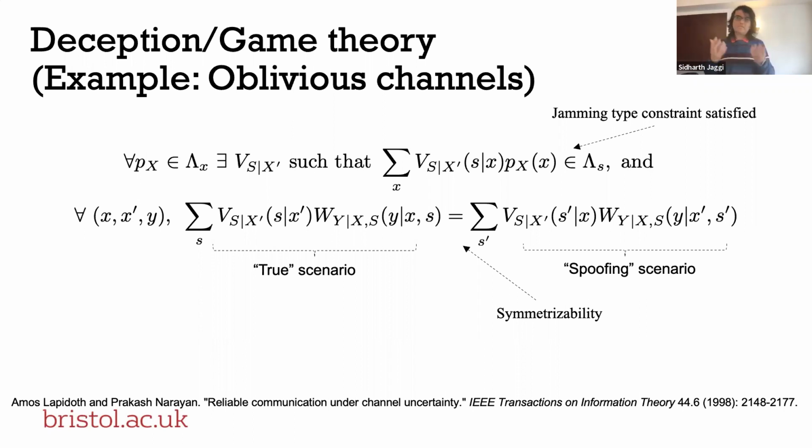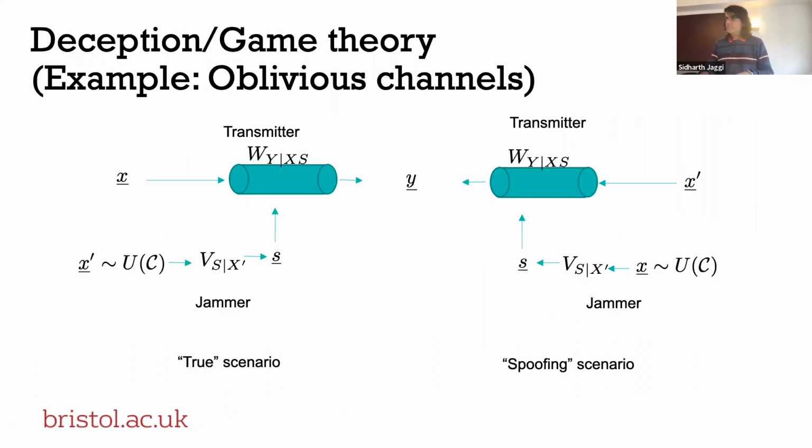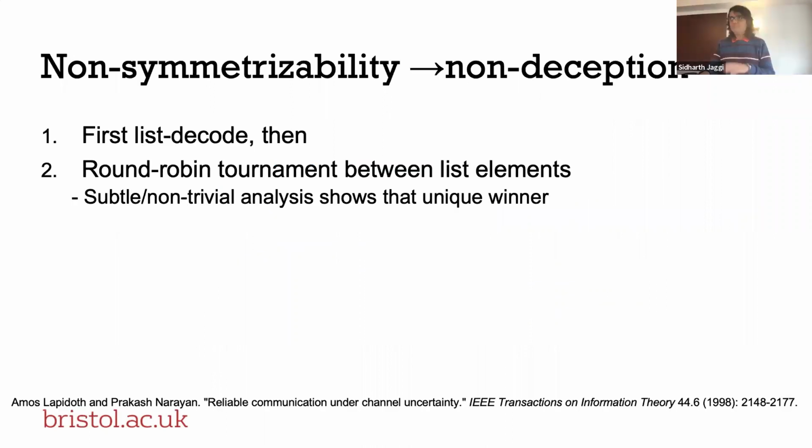So at its core, it comes down to first using that black box of list decoding, coming up with a small set of alternatives, then checking between all pairs of alternatives, running some sort of a tournament, and some complex analysis. This is some beautiful work by Csiszár and Narayan in the 80s, and we're still working through the consequences in a whole variety of different settings.